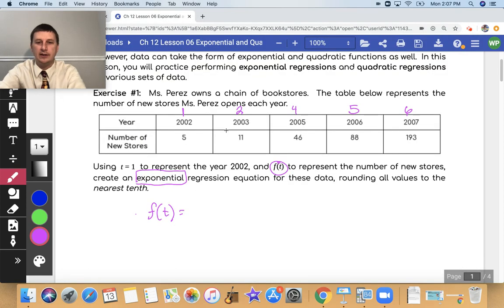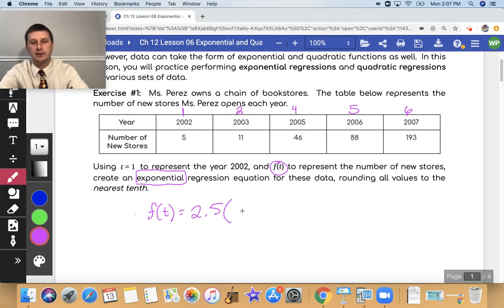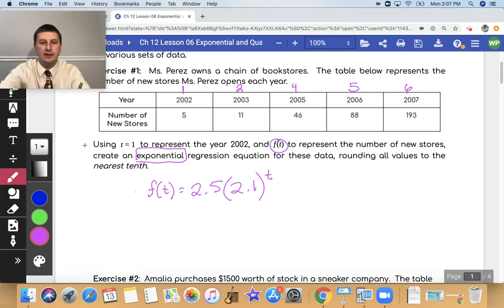So a is going to be 2.5 rounded to the nearest tenth, times b, which is going to be 2.1 rounded to the nearest tenth, to the x, but again, in this case, to the t power. All right, so that's all that we had to do for this equation.